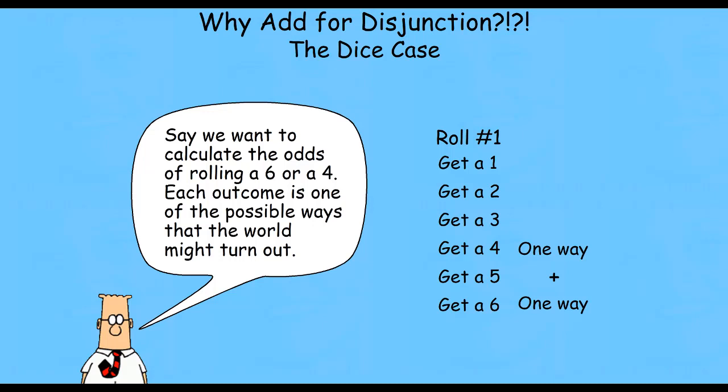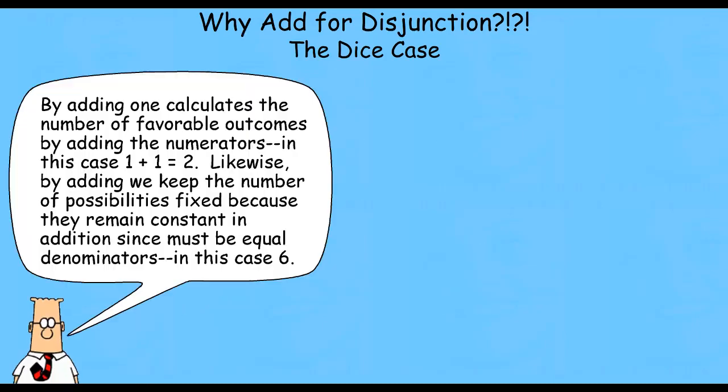and now we're just specifying more than one favorable outcome out of those 6. And so when we think about how we add fractions, right? When we add our probabilities, what we in effect do is add the numerators of our probabilities expressed as fractions. In this case, 1/6 for one outcome, 1/6 for another outcome, 1 plus 1 equals 2. And likewise, we keep the number of possibilities fixed because when you add fractions, you add them using a common denominator.